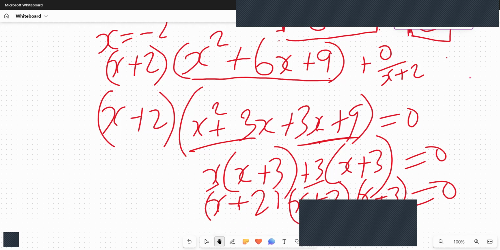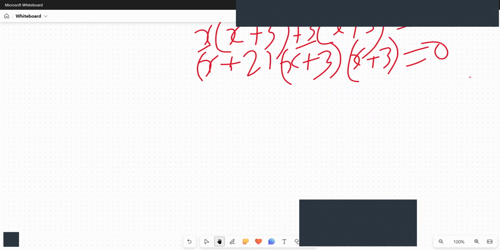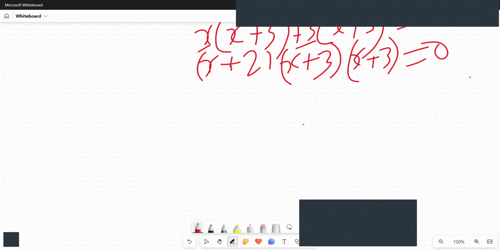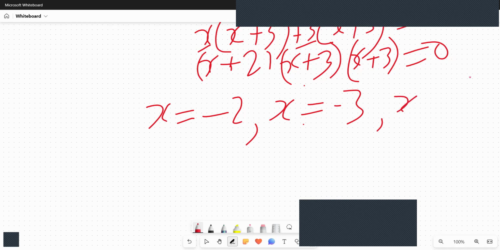Now I'm told to find the zeros, so I'm not done until I find the zeros. By using the zero product property, I have x equal to -2 right here. This one gives me x equal to -3, and this gives me x equal to -3.